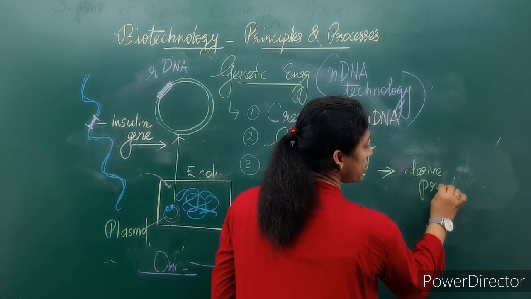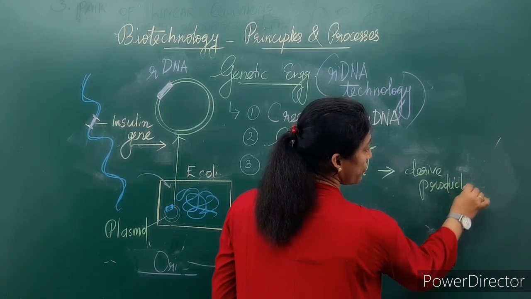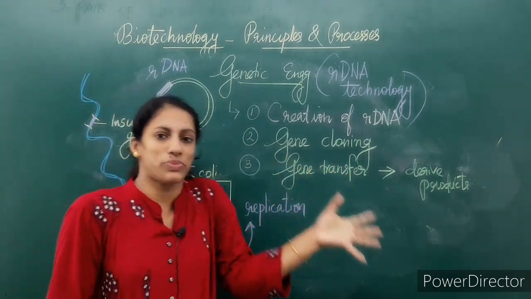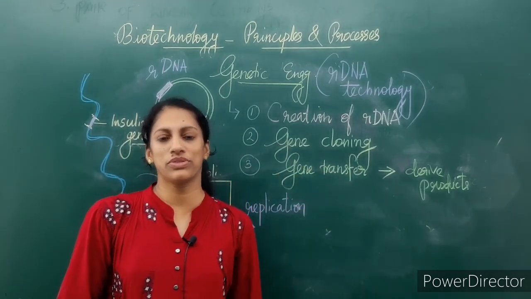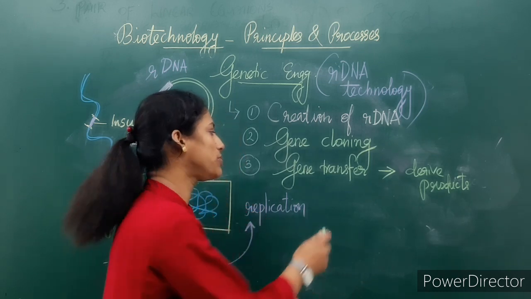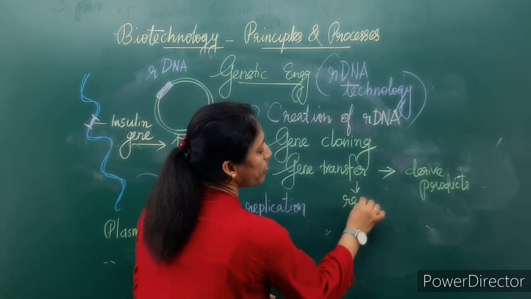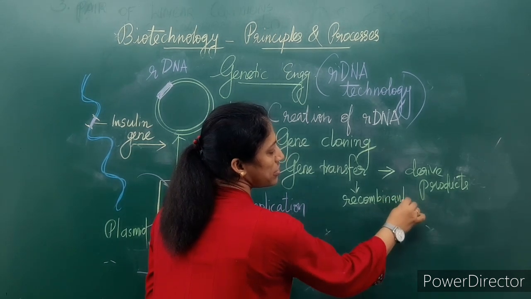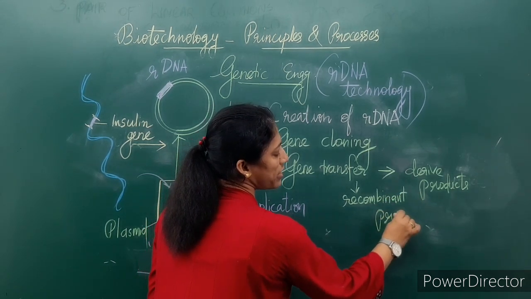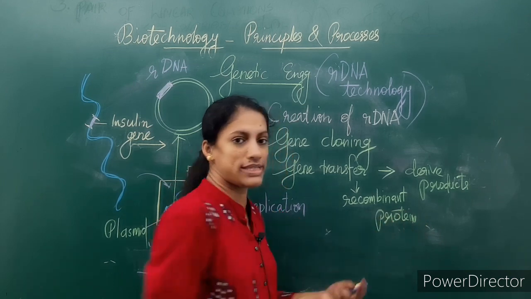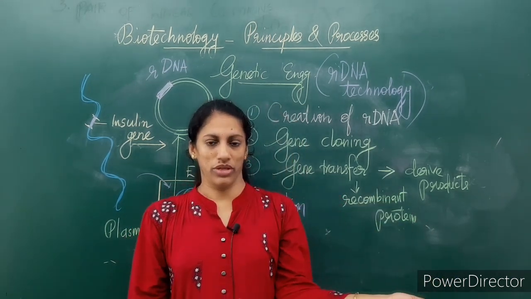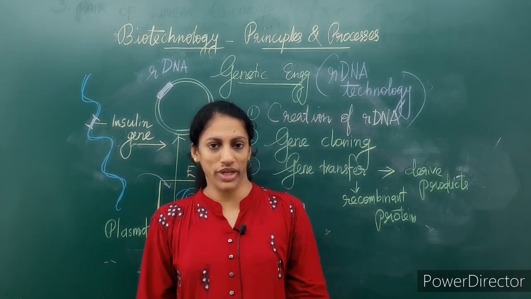There are great devices. This insulin gene can be expressed and insulin can be produced. Recombinant protein can be produced. What I simply mean is, when we transfer a human gene, just listen to me. Nowadays diabetes patients are more and more, and we need more and more insulin production.